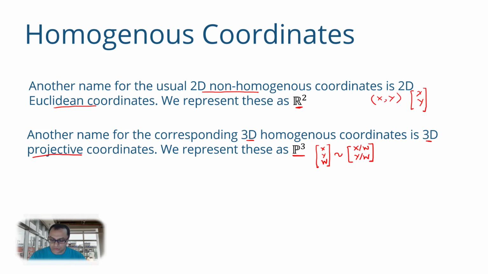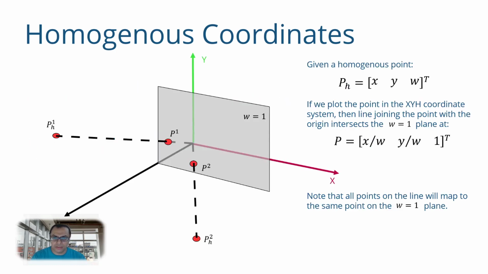Okay, so can we have some interpretation of what these homogeneous coordinates are? So let us try and look at that. Can we get a geometric interpretation of homogeneous coordinates? So given a homogeneous point xyw, right, xyw transpose, because we have been representing them as column vectors.